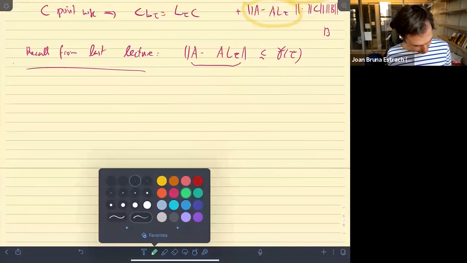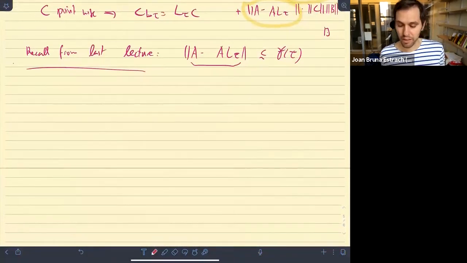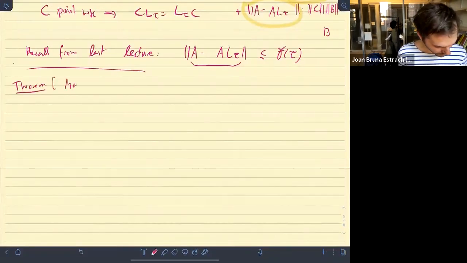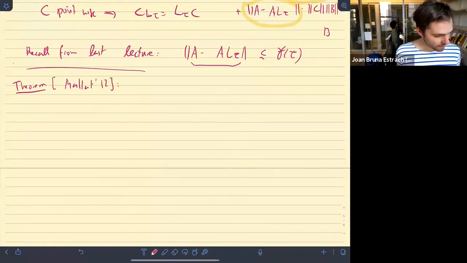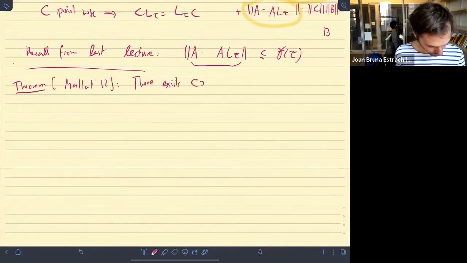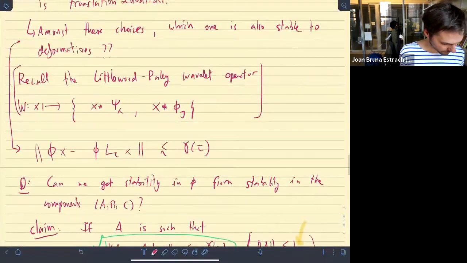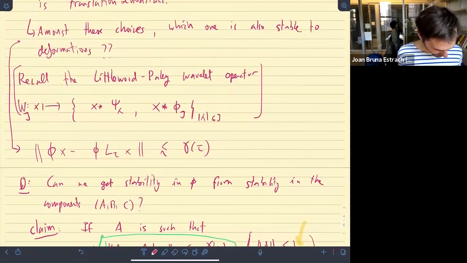But as it turns out, that's the whole point why we made this build up last week, there's a result from Stefan that says that there exists a constant such that for any choice of scale, we have that the wavelet transform that I defined here before, lambda smaller than J. Let me just pull this thing back so that we don't need to go up again.